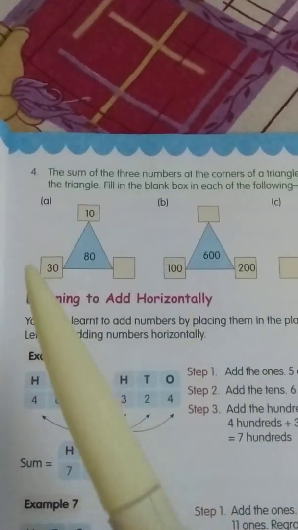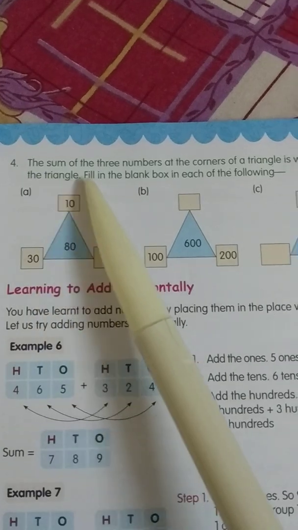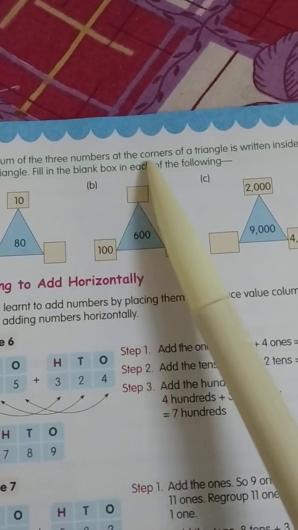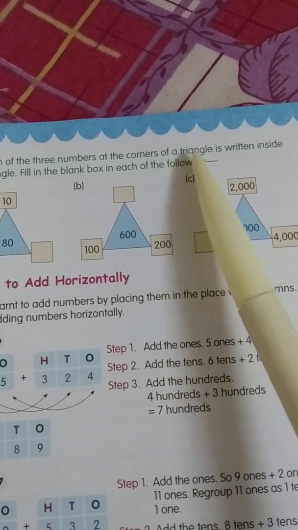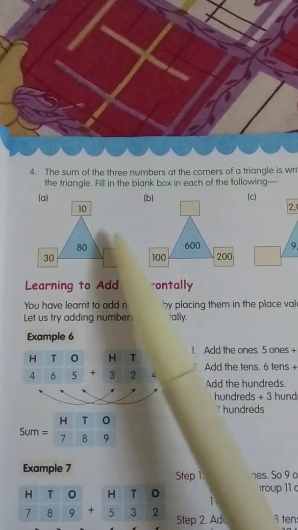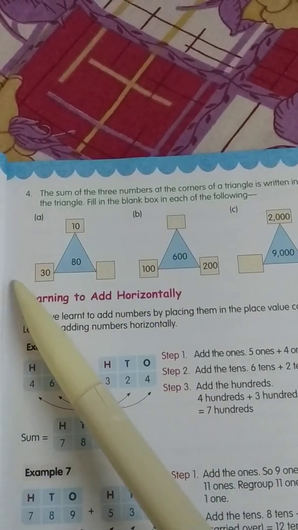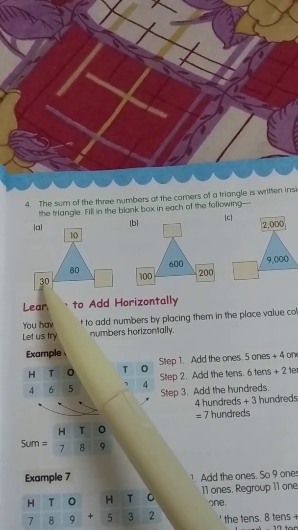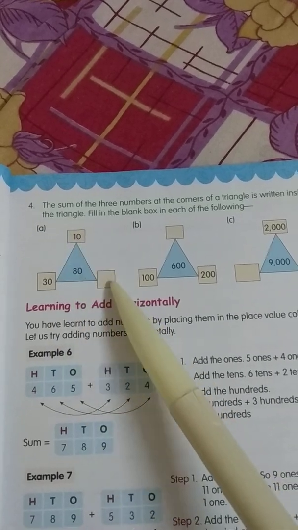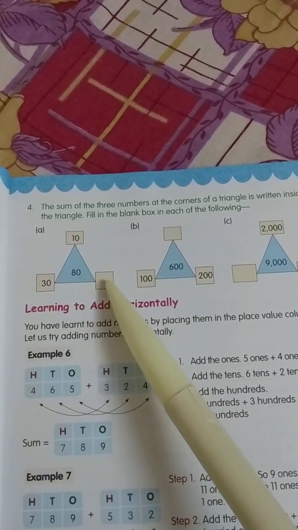So our question number 4 is: the sum of the three numbers at the corner of the triangle is written inside the triangle. It means you have given 3 corners. This is corner, right? We have 3 corners and the sum of these numbers, here we have numbers, here 30, here 10, here number is missing.